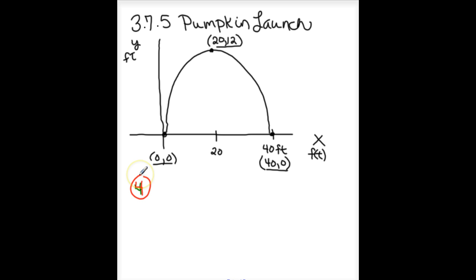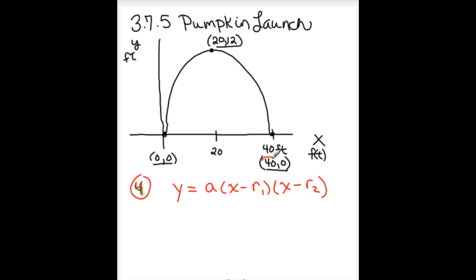Write an equation for the parabola in the form y equals some constant a times (x minus r sub 1) times (x minus r sub 2), where r sub 1 and r sub 2 are really the x-intercepts.